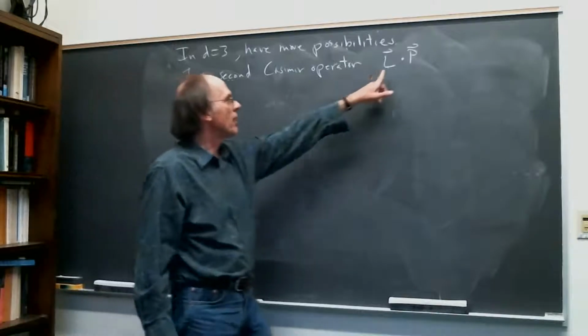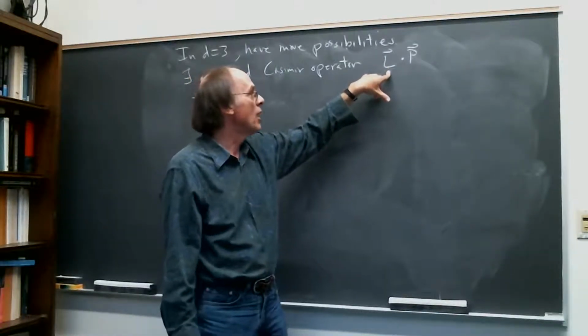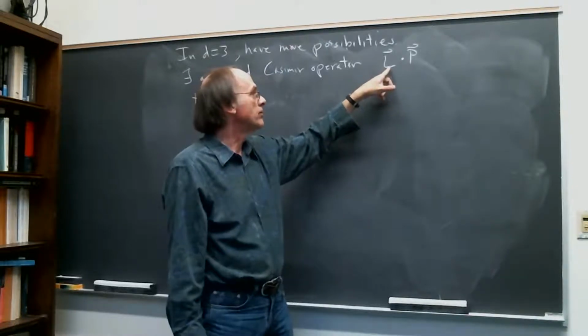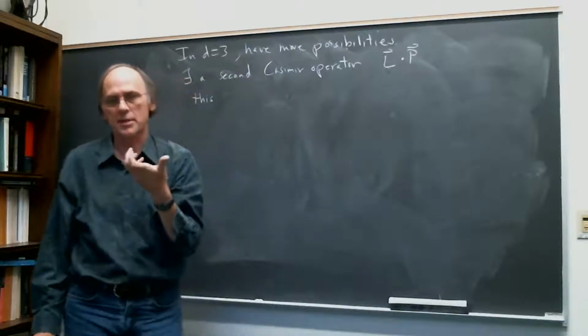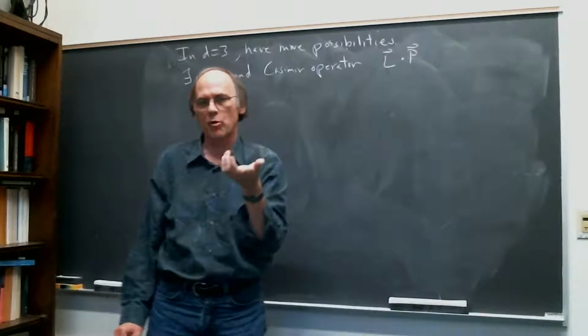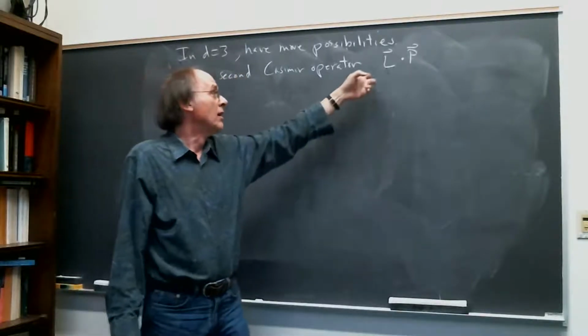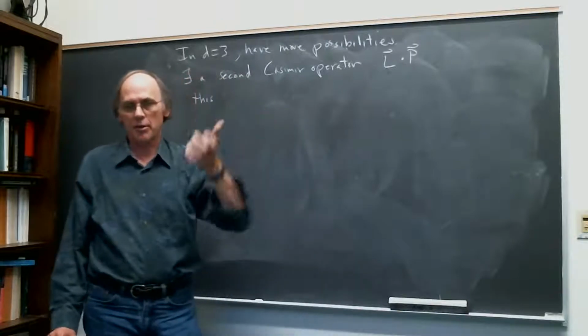remember L vector is the thing that tells you how to do infinitesimal rotations of the system. L1 tells you how to do infinitesimal rotations around the first axis, L2 around the second axis, L3 around the third axis.